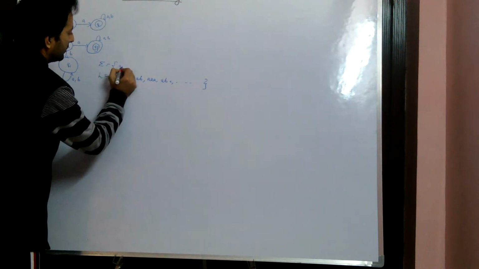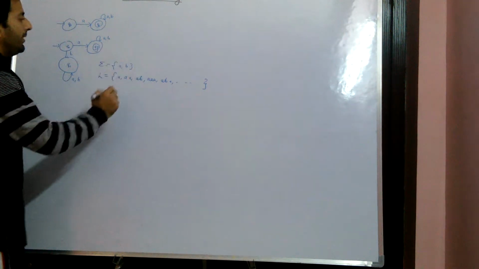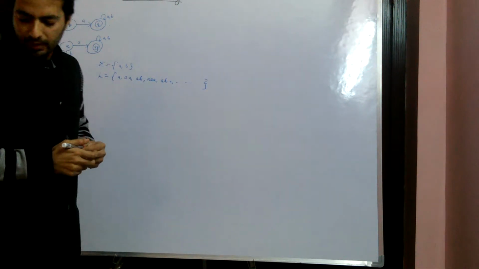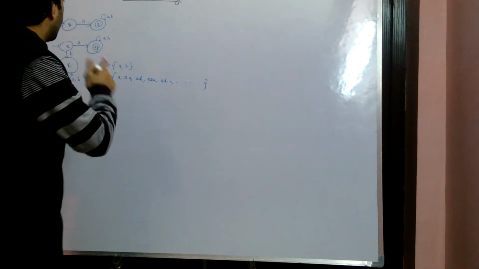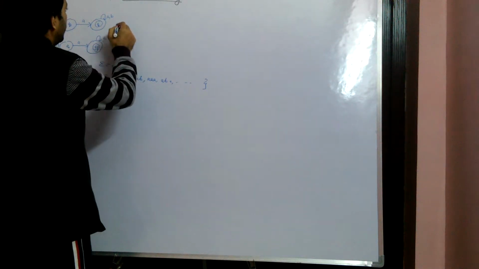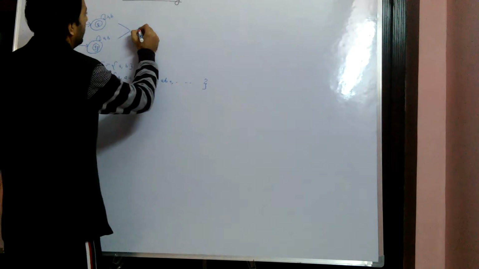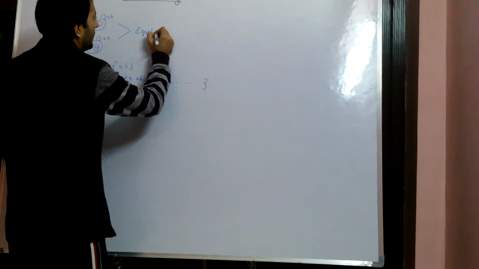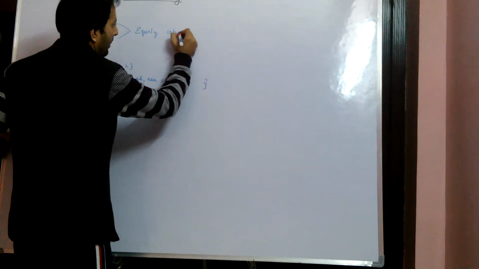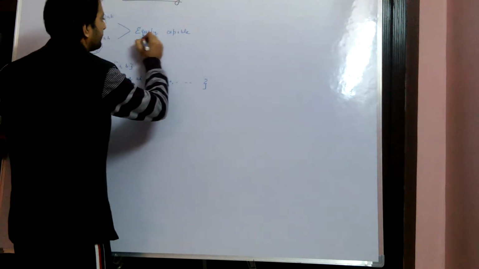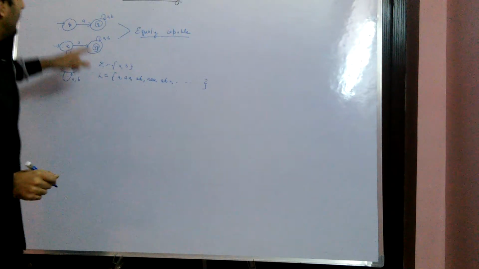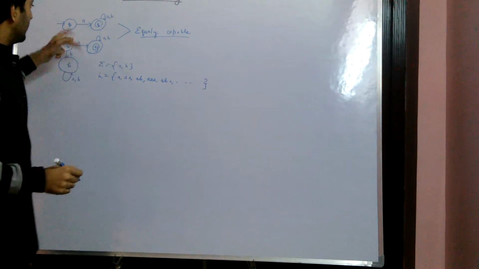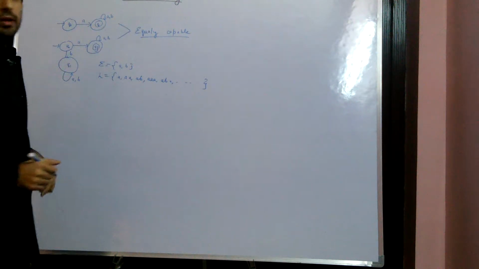Over here we know that the set of alphabets is A comma B. The main point I am emphasizing is capability. Somebody asked whether this machine is more powerful or this one. In terms of capability, both are equally capable.